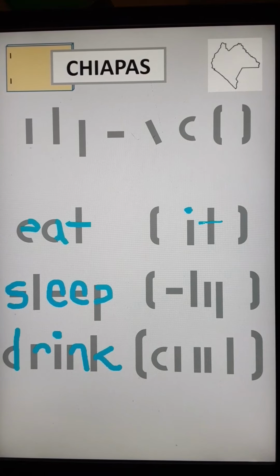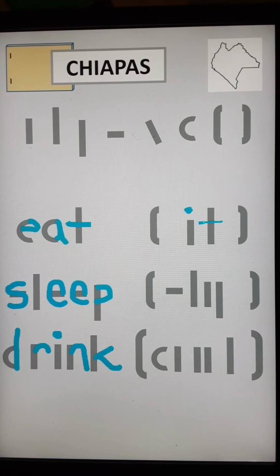Sleep. If you want to pause or stop the movie for a second, you can try sleep all by yourself. No help. Or we can keep going. Sleep. Sleep has the same S as before.